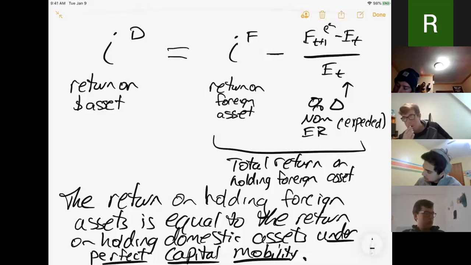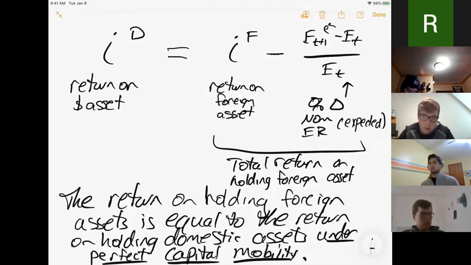So once again, we would not expect capital mobility to hold between the US and Iran. And so we wouldn't expect the return on Iranian assets to be the same as the return on US assets because there's way too many barriers. But what happens between a country like the US and Canada, where there are very few barriers in the movement of assets?